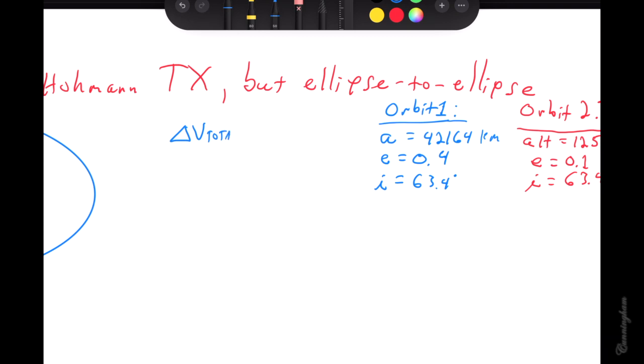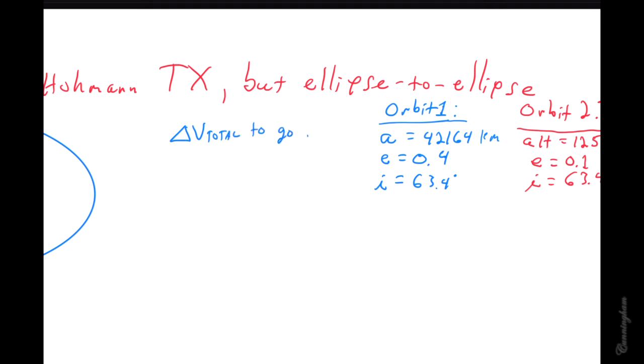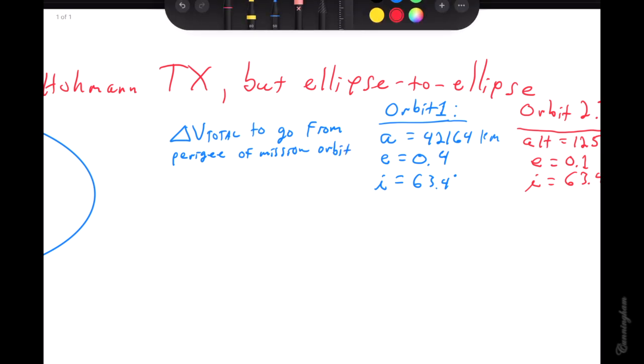Say the question asks you what's the delta V total to go from perigee, I should say of the mission orbit, sorry, to, let's flip everything on its head, the apogee of what we call the disposal orbit.